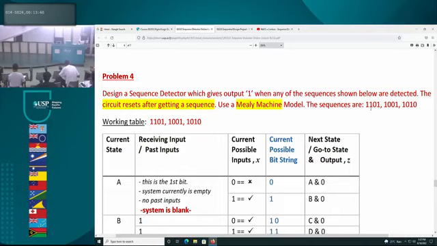Output to equal 1. System resets. Right, everyone happy with that? Okay, so this is the question, guys. Those are the 3 numbers. So the question is saying that your output has to go to 1 if any of those 3 sequences appears.